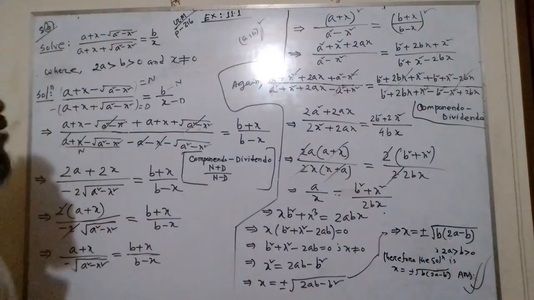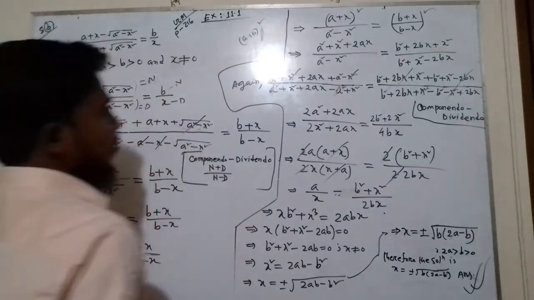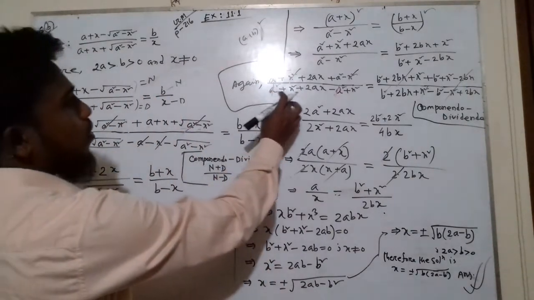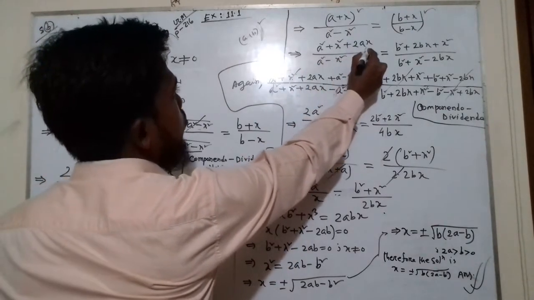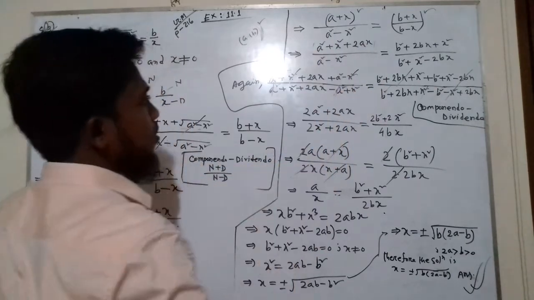So we are applying the formula of componendo and dividendo again. Here look, a square plus x square plus 2ax is the numerator and a square minus x square is the denominator.